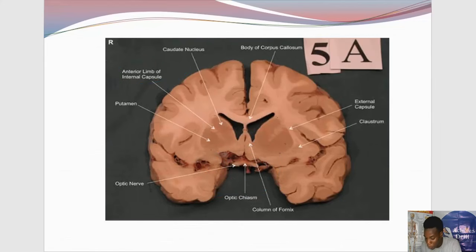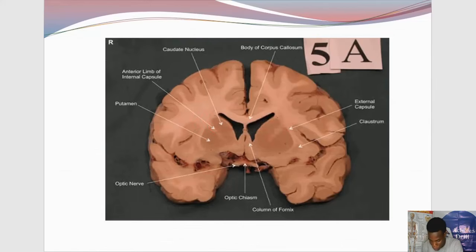Just understand that by the time you are seeing the thalamus, most likely that internal capsule will be the posterior limb. But right here that we are not seeing the thalamus yet, then certainly the trace of white internal capsule we are having here is the anterior limb of the internal capsule.